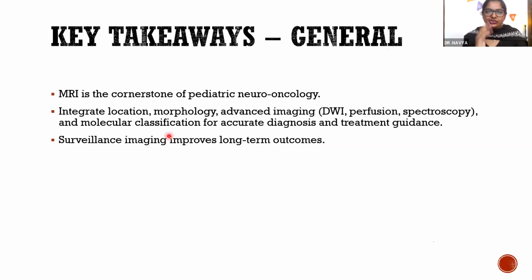So, key takeaways in general: MRI is the cornerstone of pediatric neuro-oncology. So integrate the location, morphology, imaging, and molecular classification. I didn't go into depth on molecular classification, but hopefully you all remember what we spoke about. That should get you to the accurate diagnosis and treatment guidance, even if there is no HPE.